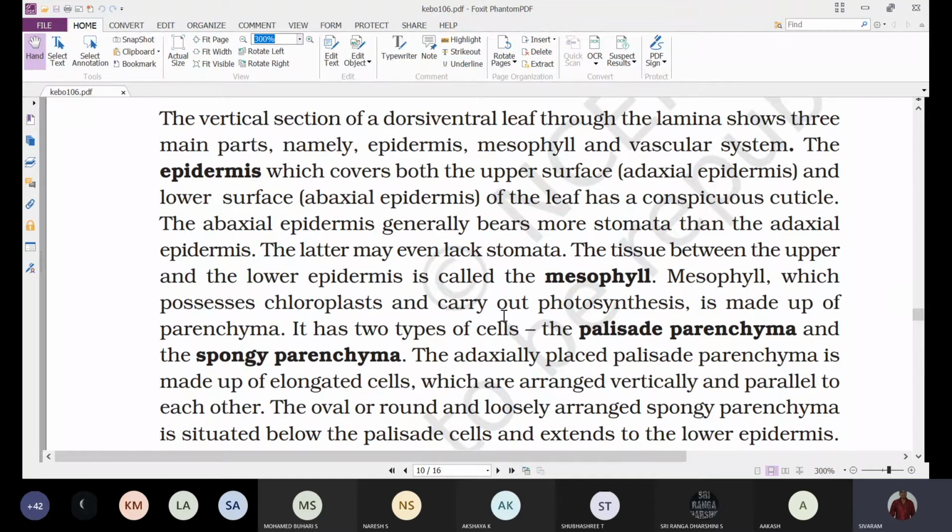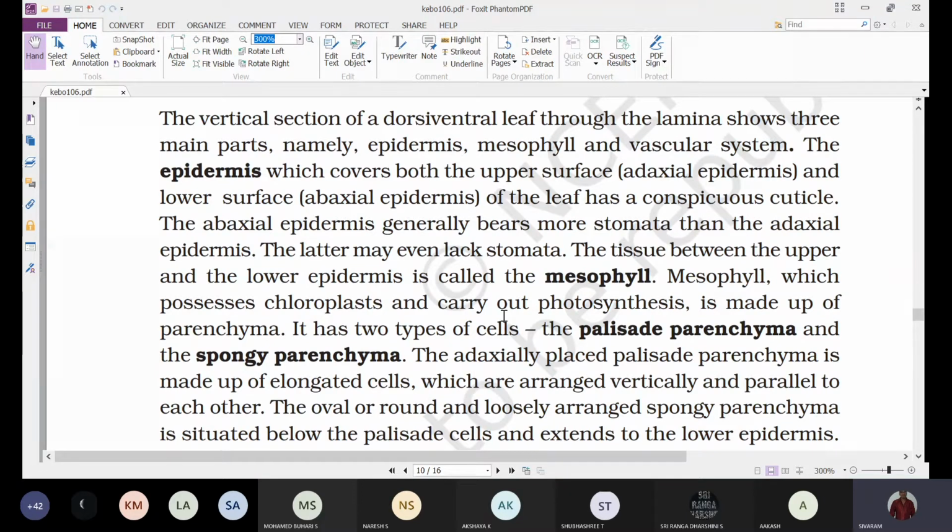These epidermal cells are present on both the surfaces, that is the upper surface, the adaxial surface, and the lower surface, the abaxial surface. That is the dorsal surface and the ventral surface respectively. Adaxial surface means dorsal surface and abaxial surface means ventral surface, or we can also say upper surface or lower surface.